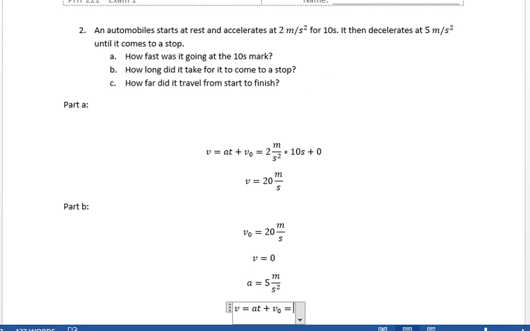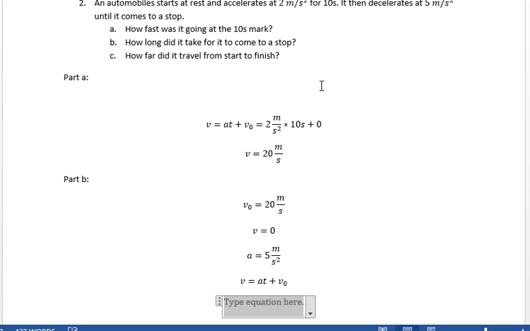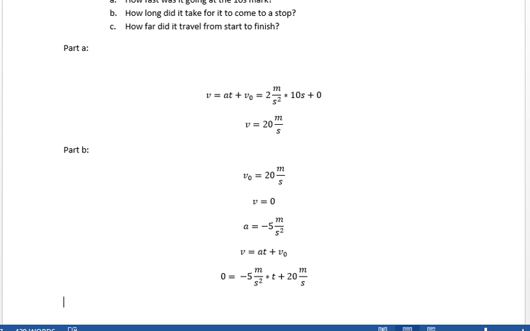So we have v = at + v₀. In this instance, 0 equals... oh, back up a second. The acceleration is negative because we are decelerating. So 0 equals minus 5 meters per second squared times the time, plus the initial velocity, 20 meters per second.